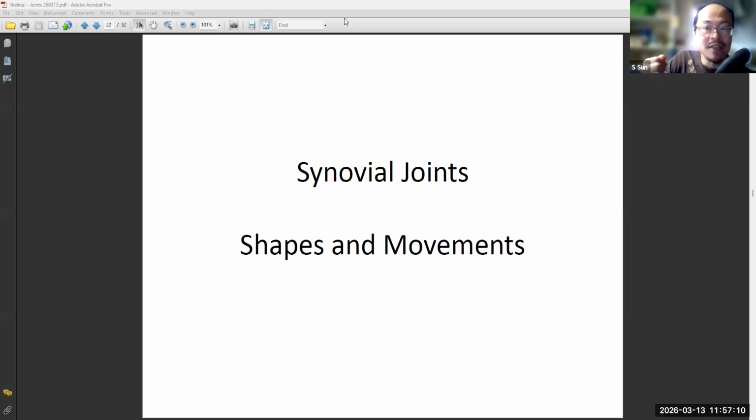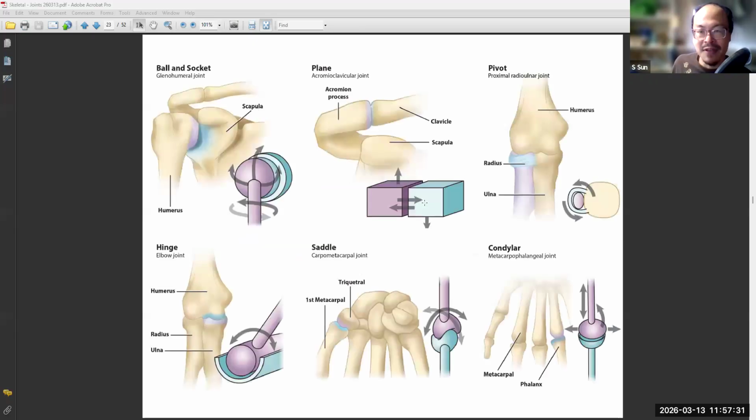Some of the joints can move in two directions. This is a 3D world: one axis, two axis, or three axis, right? So what is the difference? All together we can further classify the synovial joints into six different types.